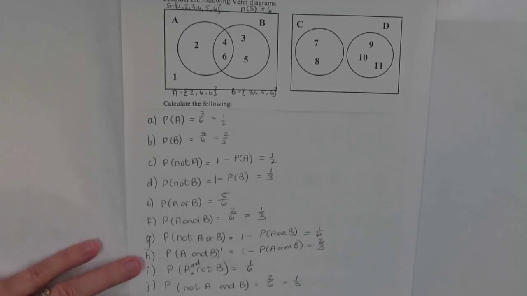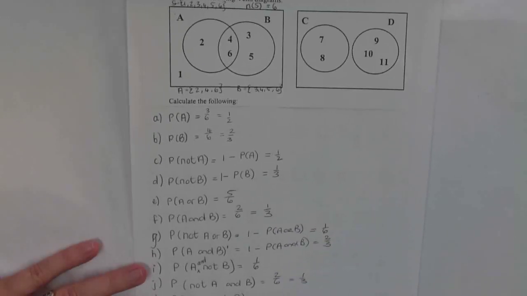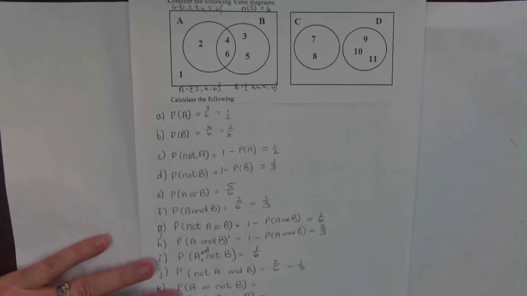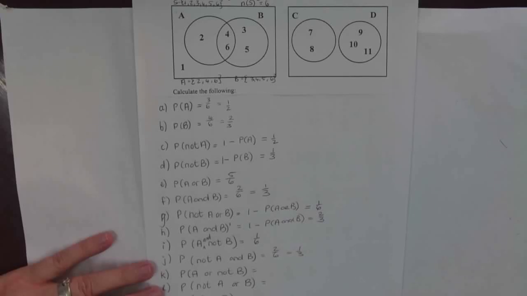Right, now here comes the tricky ones. I just want to zoom out. I want you to still be able to see the Venn diagram and the question. So they say, what is the probability for A or not B?